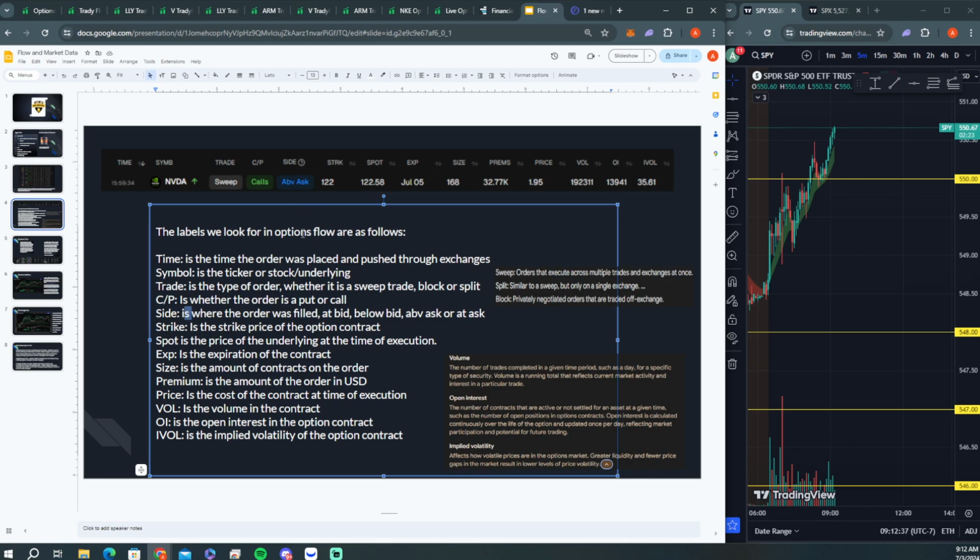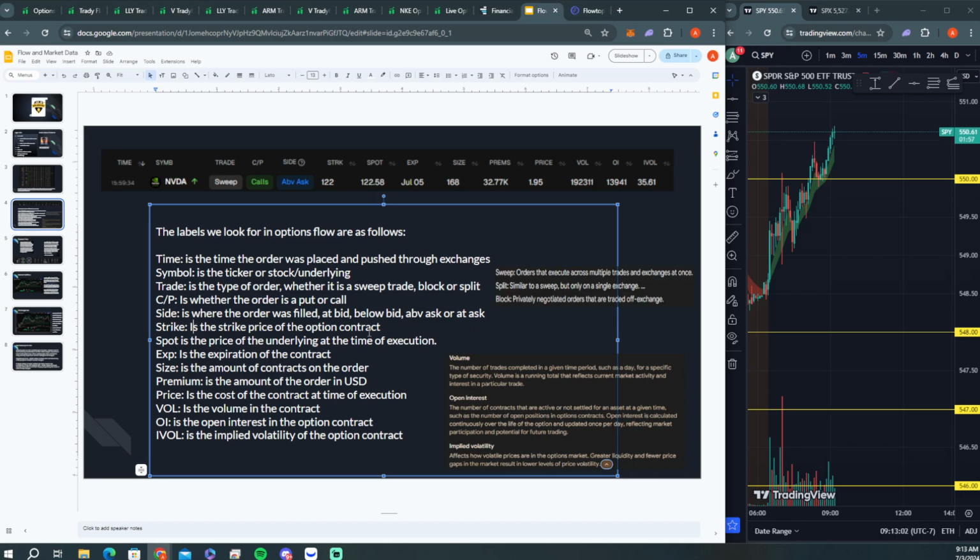So the above ask ones are the orders that the user put in above the asking price. So those are super aggressive orders because they want to get filled right away, right? So that's the side. There's at bid, below bid, above ask, and at ask. If you guys have questions on that, let me know after I go through all these.